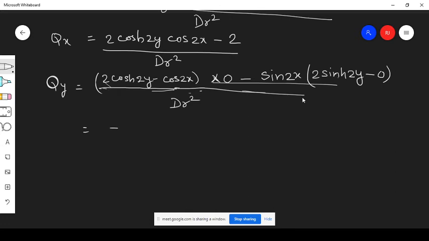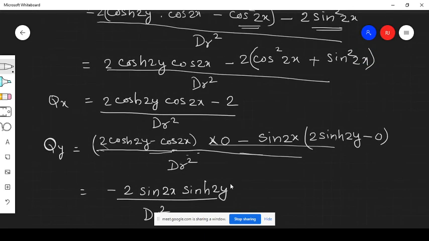Minus numerator, here it is sin 2x into 2 sinh 2y, so we can write that as minus 2 sin 2x sinh 2y, divided by denominator square. Up to this, if you understood, write yes.